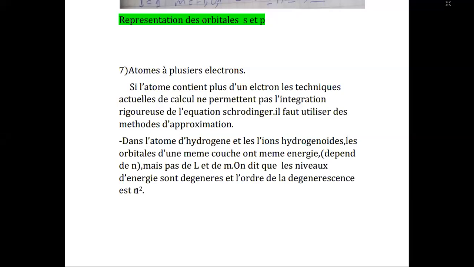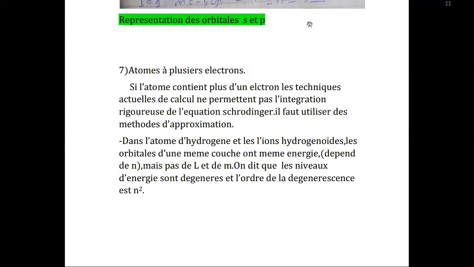Each orbital represents a room and each room must have 2 electrons in it. So the orbitals of the same shell have the same energy, and this energy depends on n, but it does not depend on l and m. So what do I mean when I say this?